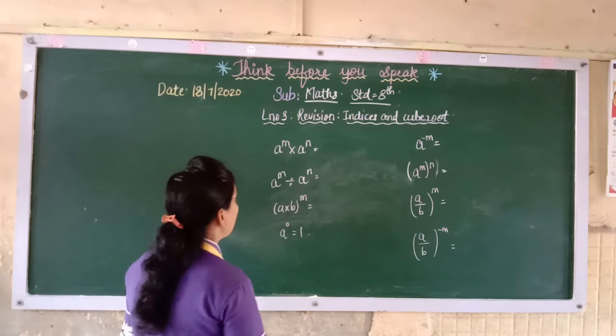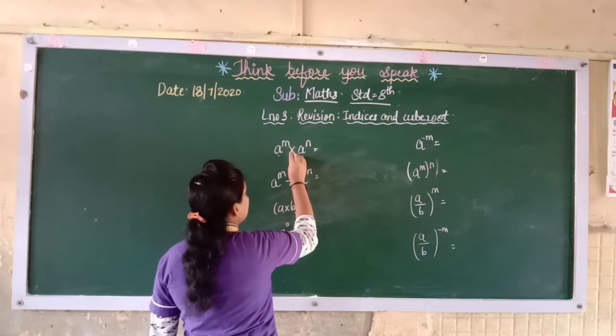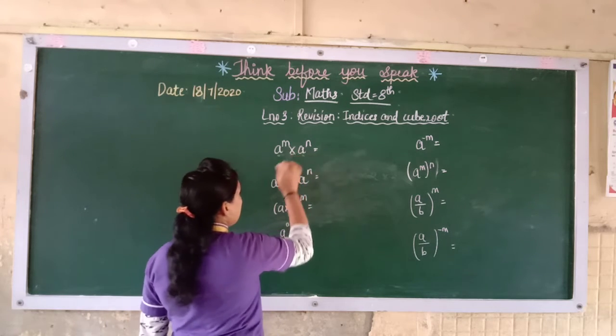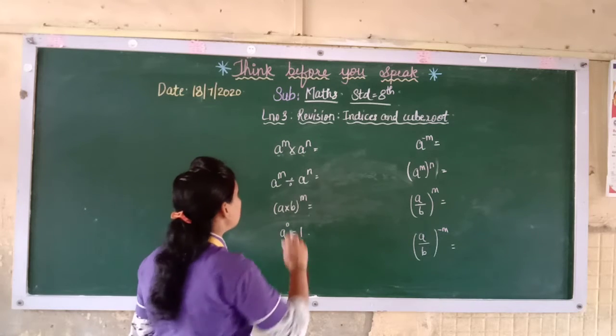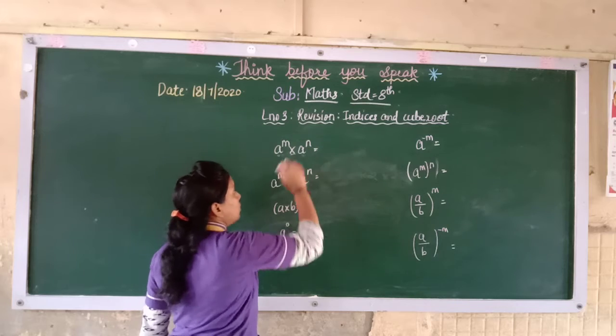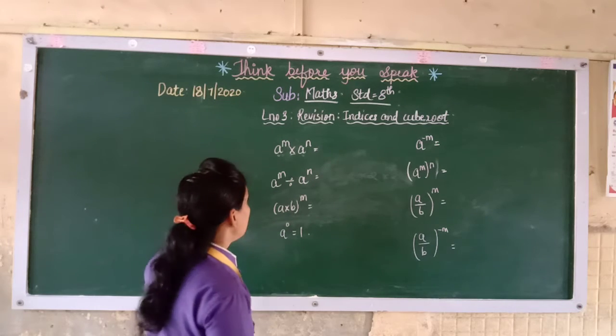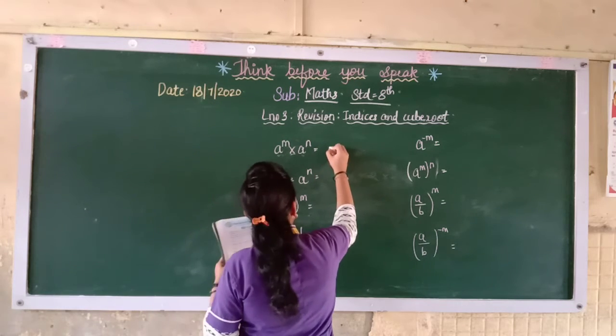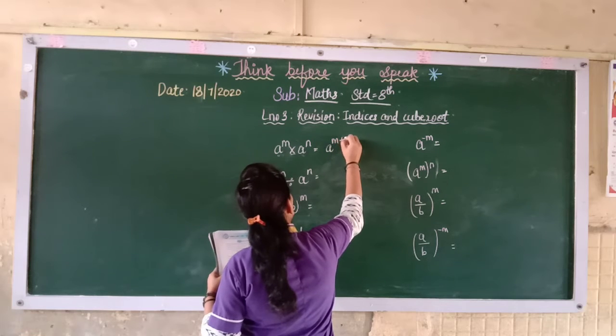Now if you see, this base is the same. Wherever there is a multiplication sign in between the two numbers, or you can say alphabets, the upper side, the index, you have to add. So here you will get a raised to m plus n.